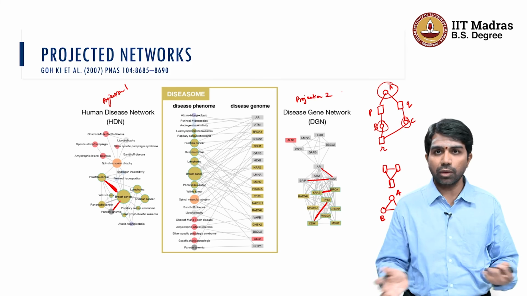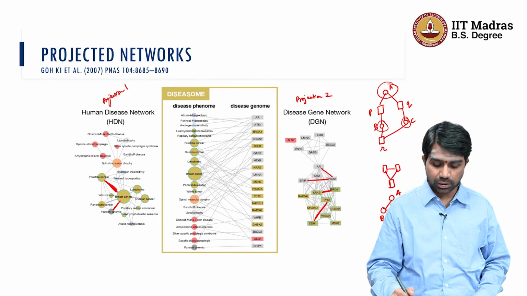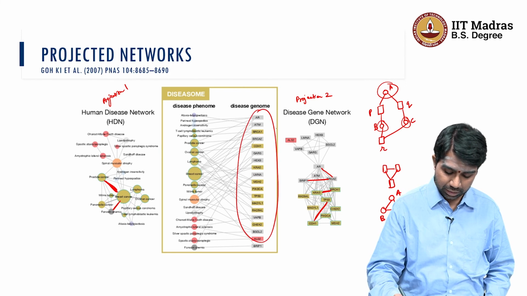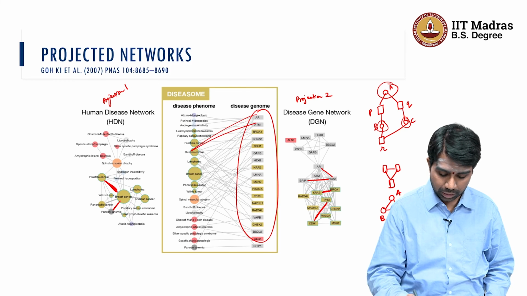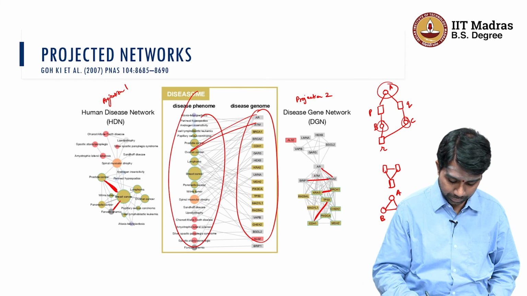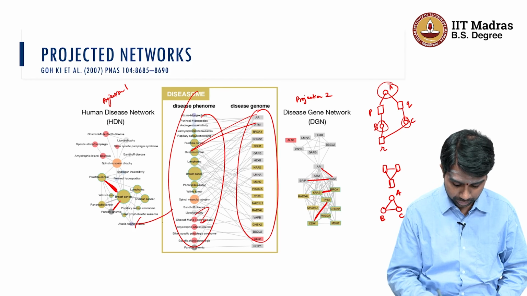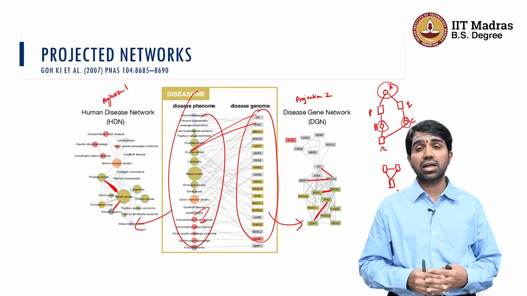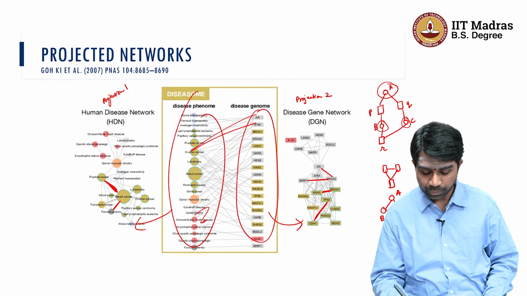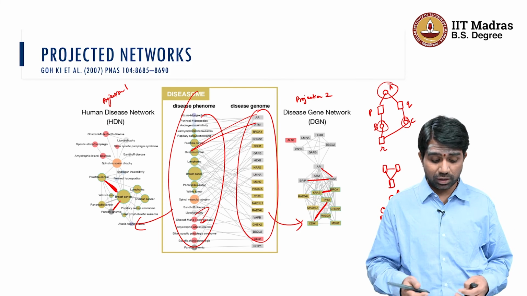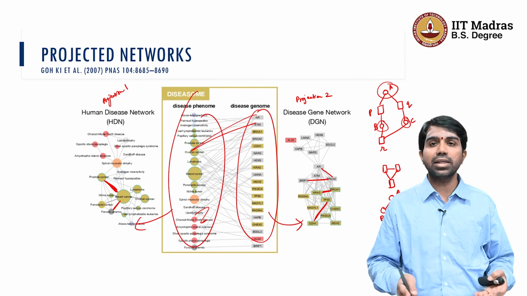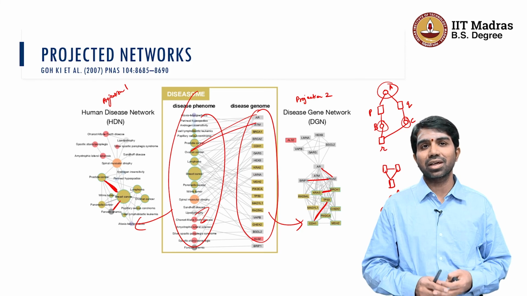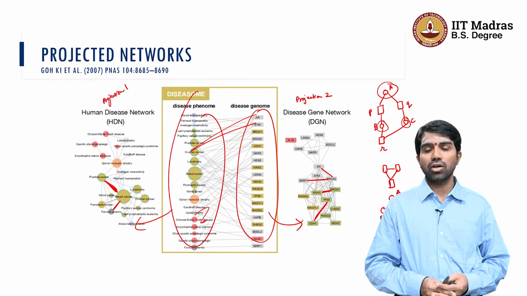You can obviously generate 2 different kinds of projections. You basically just look at this network based on hops, or you just look at this network based on hops. So, this is this network and this is this network. So, these projections help us ask and answer very interesting questions about what genes are co-involved, what diseases are comorbid, all these kinds of interesting questions we can answer using this kind of methodology.